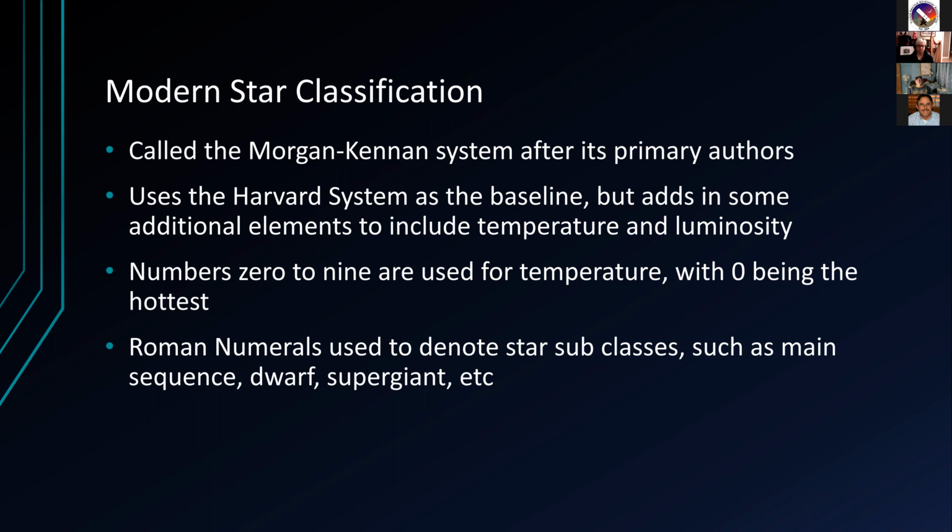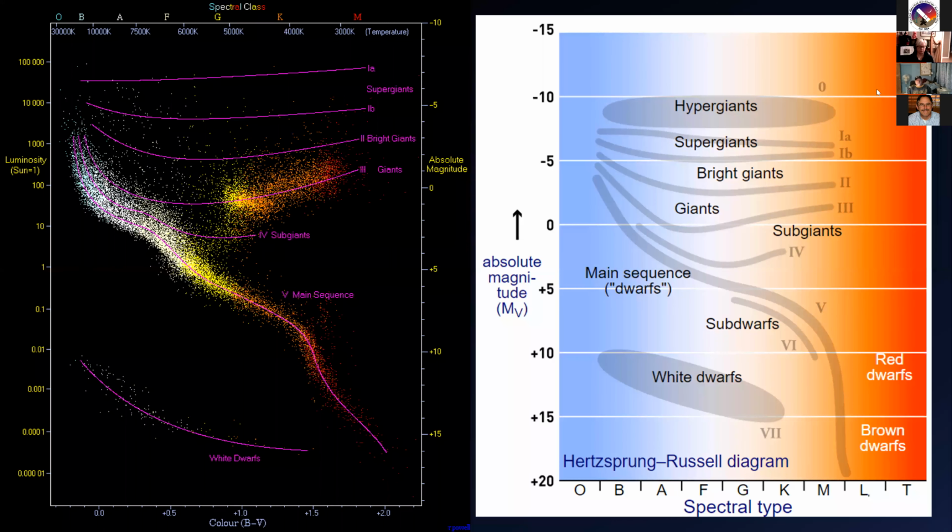So you can look at a glance and know if a star is a hypergiant, giant, and so on, which is what we see back up here. The Roman numerals 0, 1, 2, 3, 4, and 5 denote 0 being hypergiants, 1 being supergiants, and 5 being for dwarfs and main sequence stars.